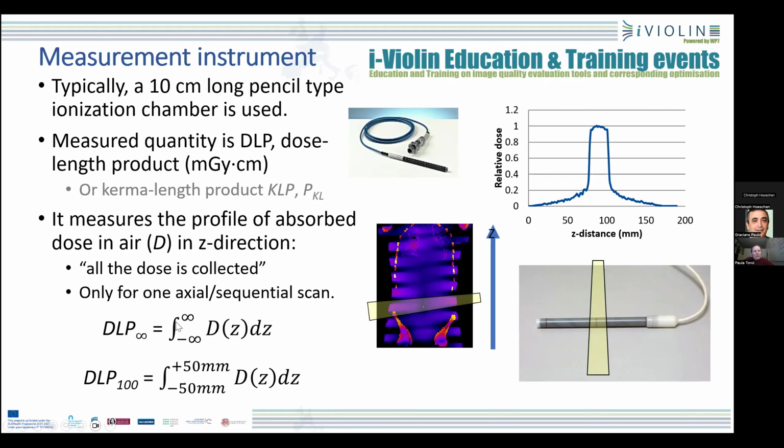The basic definition is for infinity, but of course we cannot measure that. So in practice, the measurement is for the range of the chamber. This way we already start achieving some information in the Z direction, but now it's only one slice, or one collimation, or one rotation. So we don't have all the information yet.